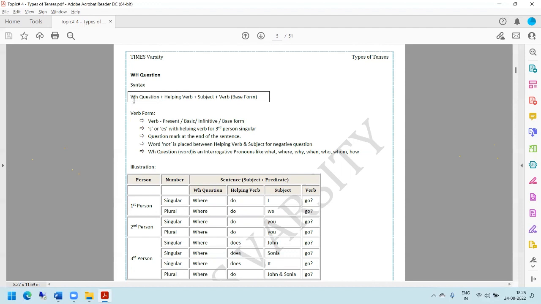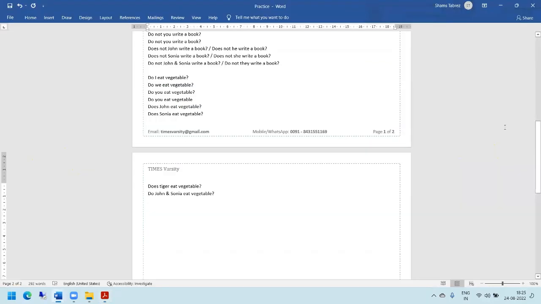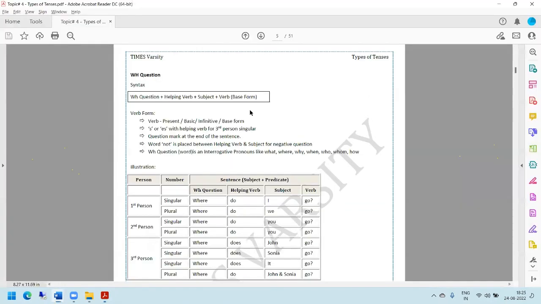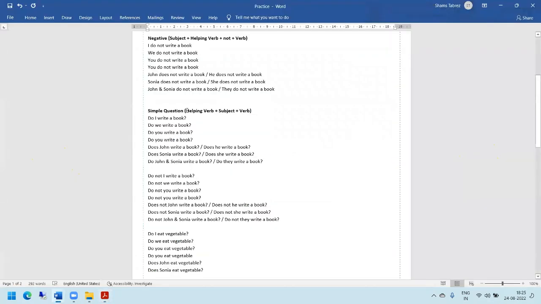And the syntax is WH word, then helping verb, then subject and verb. So in simple question, the syntax is helping verb, subject and verb. In WH question, we have the WH word, then helping verb, then subject and verb. So we can say that if we add a WH word to a simple question, it becomes a WH question.